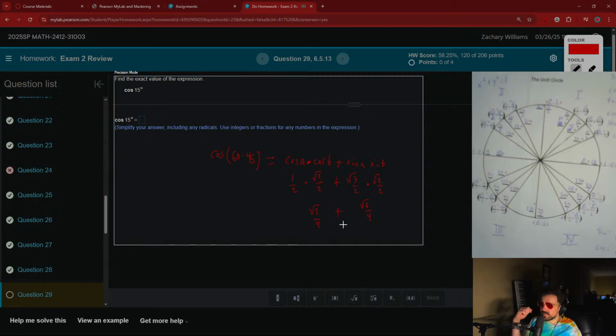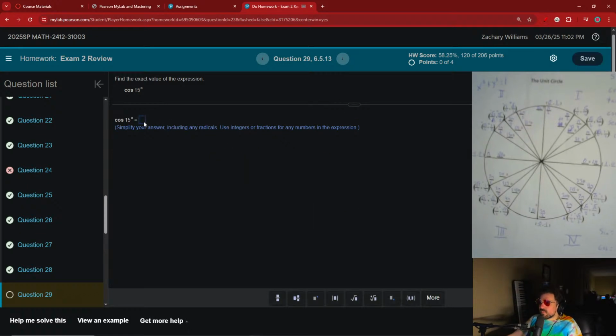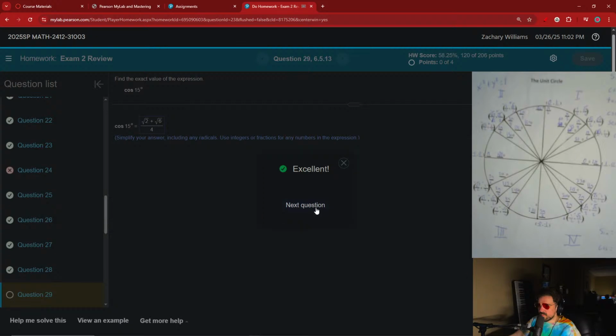That's square root of 2 plus square root of 6 over 4. Easy.